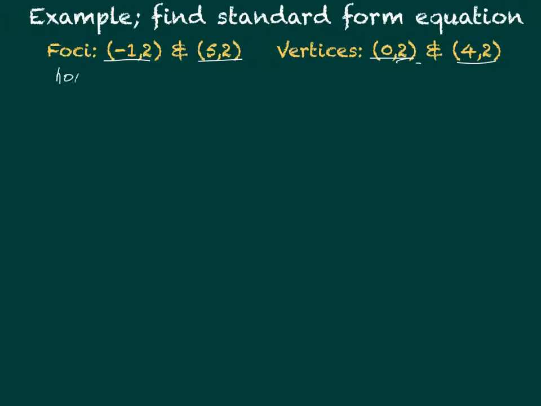So I know it's horizontal. So that would be (x minus h) squared over my a squared minus (y minus k) squared over my b squared equals 1.